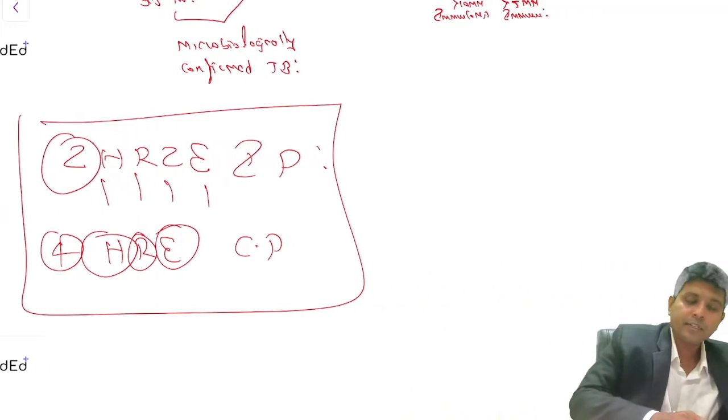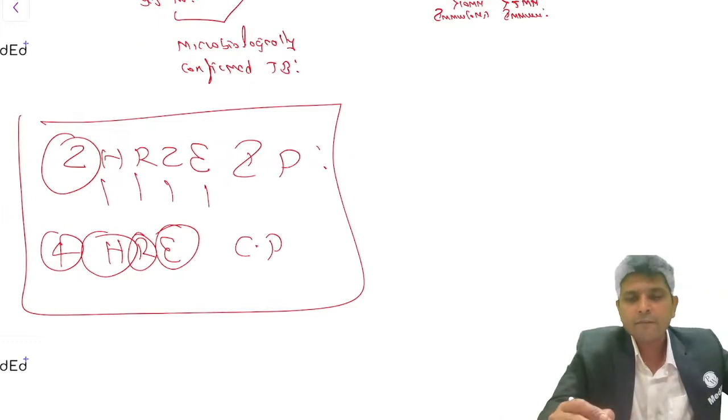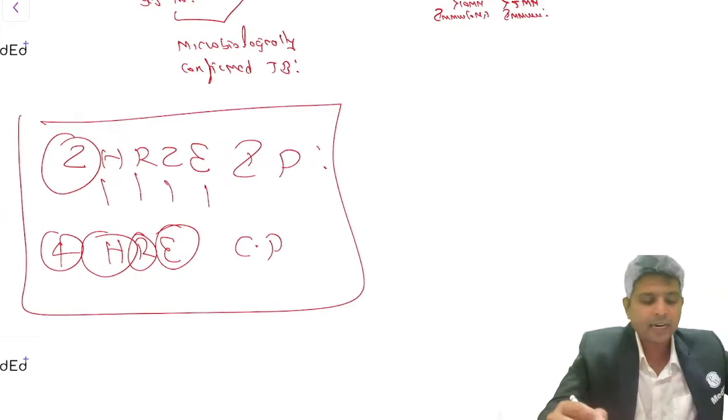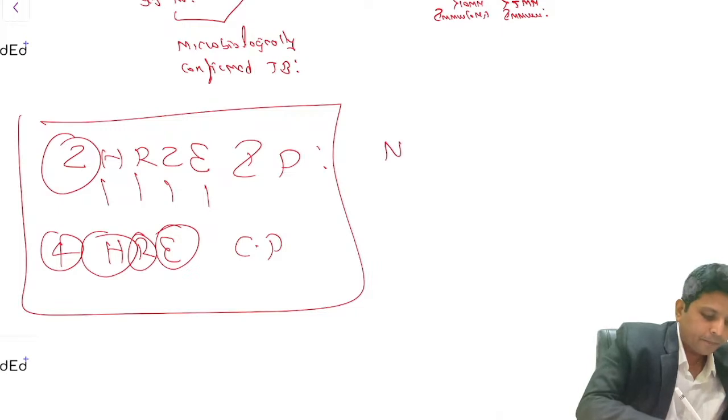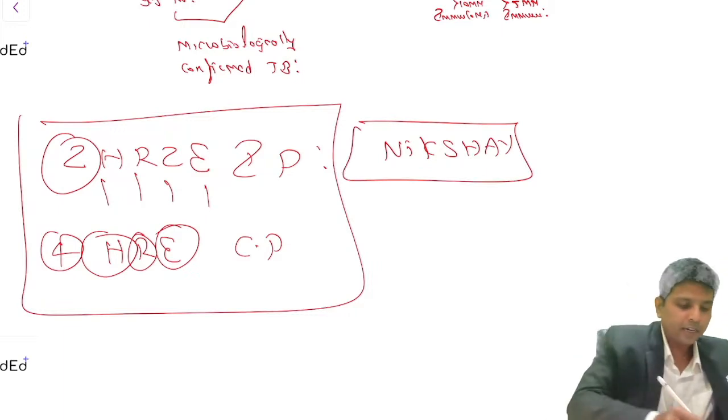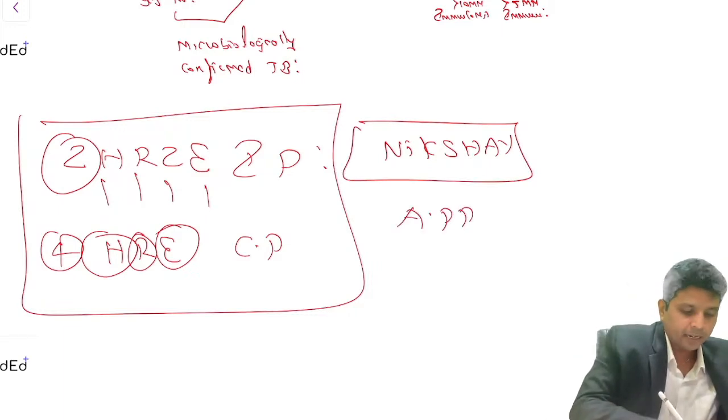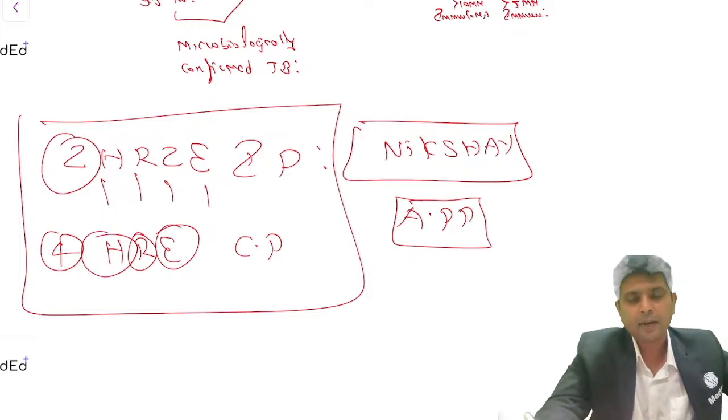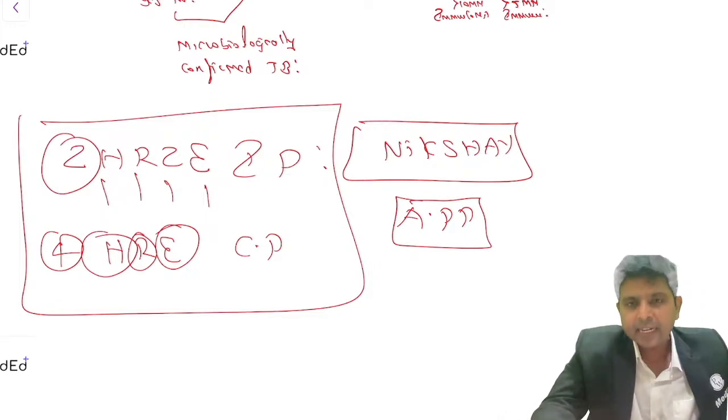And one more question that can be asked: each and every patient who is getting ATT should be registered in an app called the Nikshay app by the central government of India, so that each and every patient's details will be entered in that app.